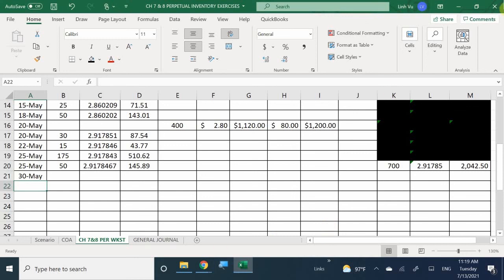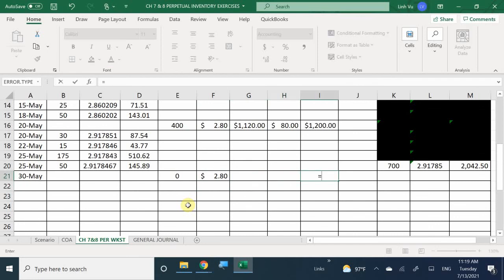Now, I didn't return anything. However, I got a 5% discount. So again, the last thing that I bought was for $2.80 and I received a discount. So my total cost here is going to be my 400. I'm going to do negative 400 times 2.80, times my 0.05 discount, which should be the $56.